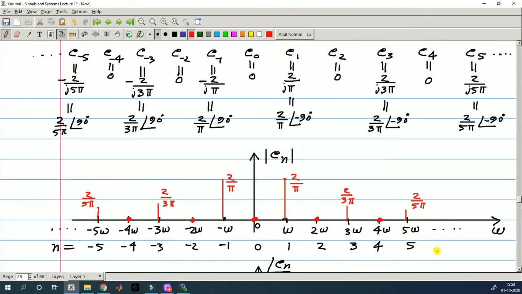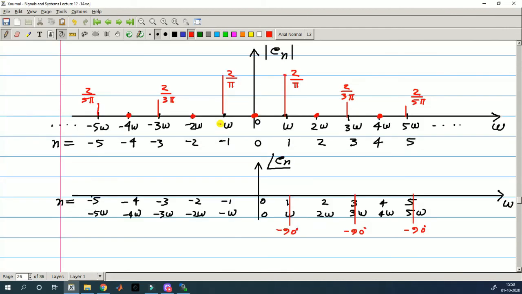And C minus 1, minus 3, minus 5, they all have angles plus 90 degree. So I will draw bars here in the opposite direction, with amplitude proportional to plus 90 degree, like this.